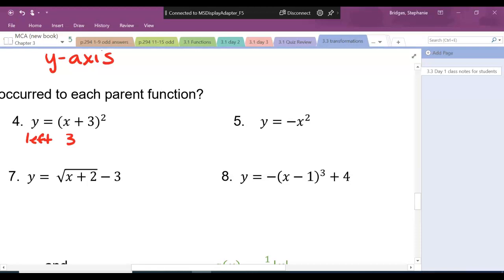So since there are no parentheses, this one is reflected on the x-axis. Okay, sometimes there's only one shift. Sometimes there are going to be multiple shifts. You have to pay attention to where it happens in the function, and then that tells you where it's going to move. Is everybody okay with those first 3?